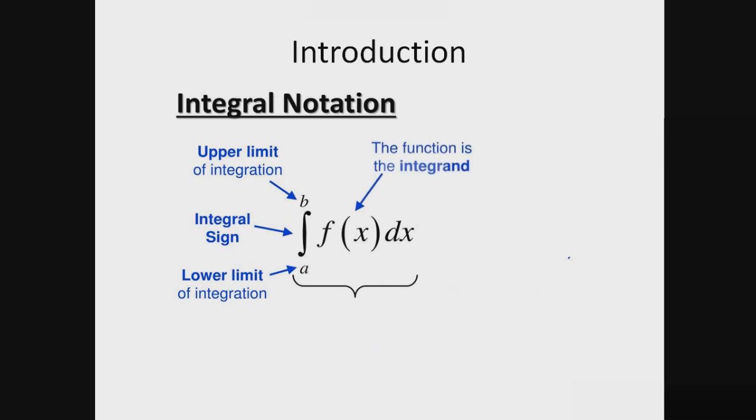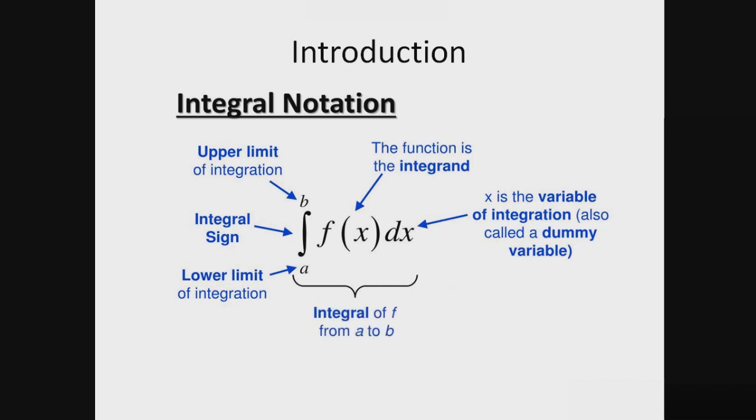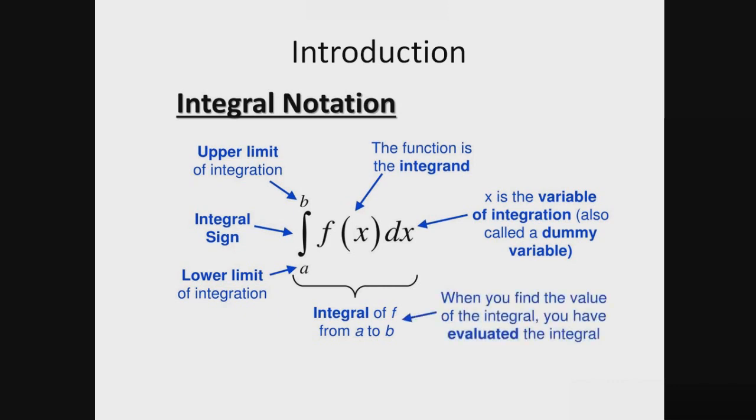Inside the integral, there is a function f(x). The function is called the integrand. x is the variable of integration here. And the whole thing can be read as the integral of f from a to b. When you find the value of the integral, you have evaluated the integral.